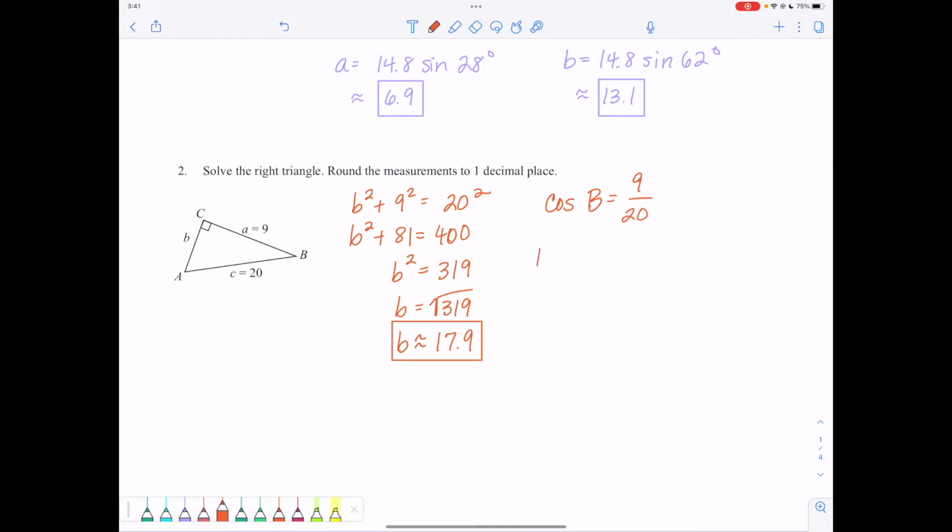So B equals cosine inverse of 9 over 20. So B is approximately 63.3 degrees.